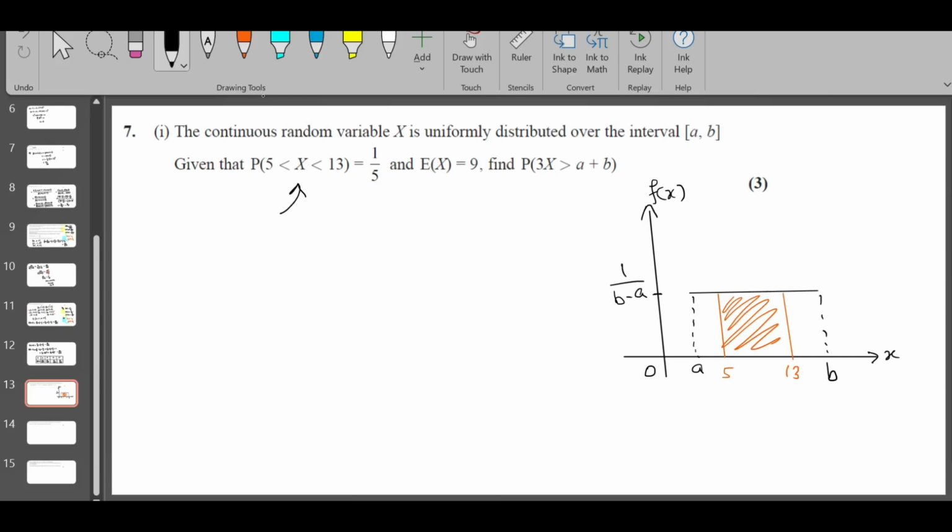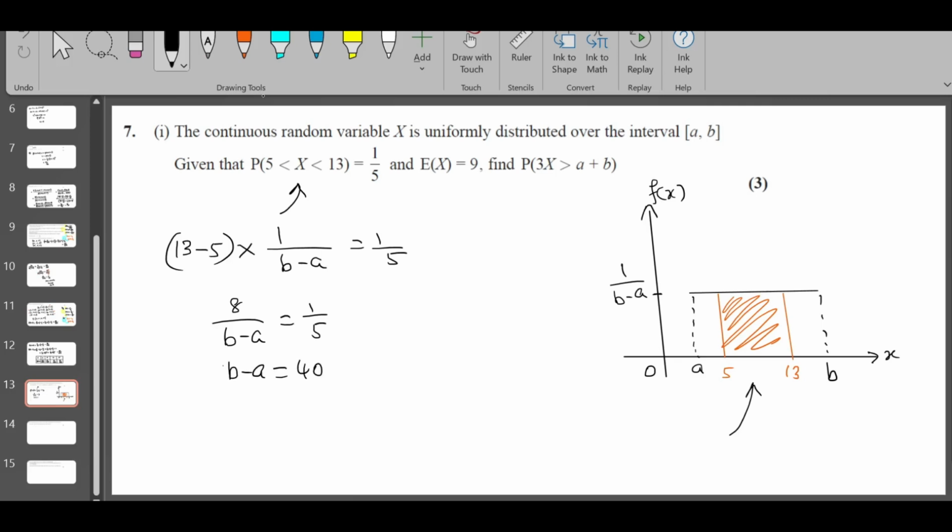So we can write this as the area of this rectangle. The length is 13 minus 5, times the breadth of the rectangle, 1 over b minus a, is 1 over 5. That's basically 8 over b minus a is 1 over 5. You cross multiply, you'll get b minus a is equal to 40.